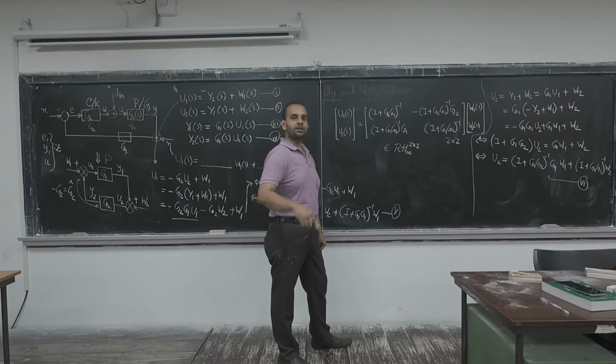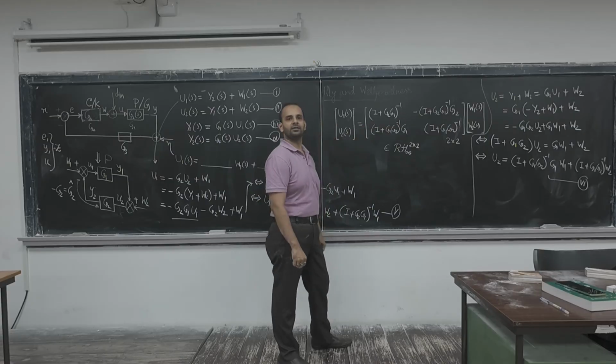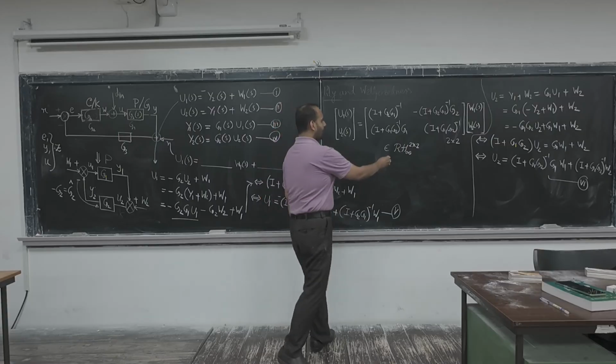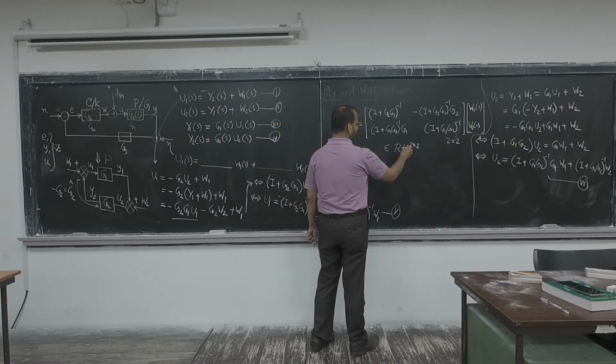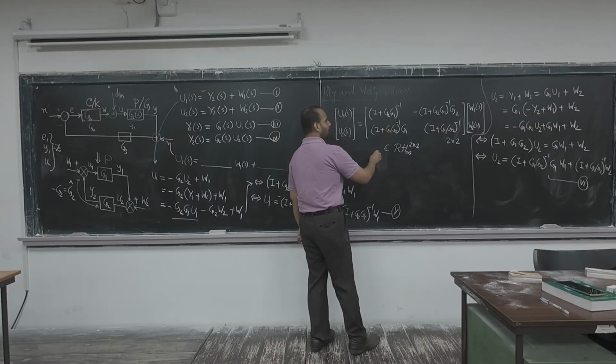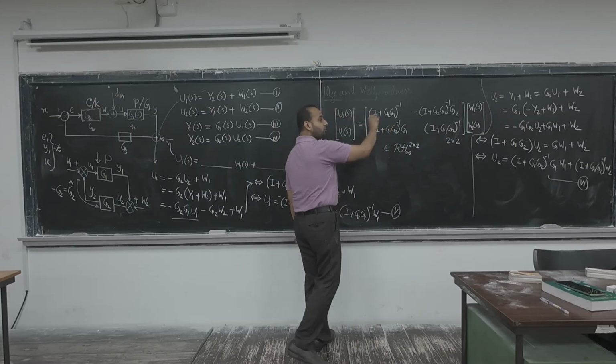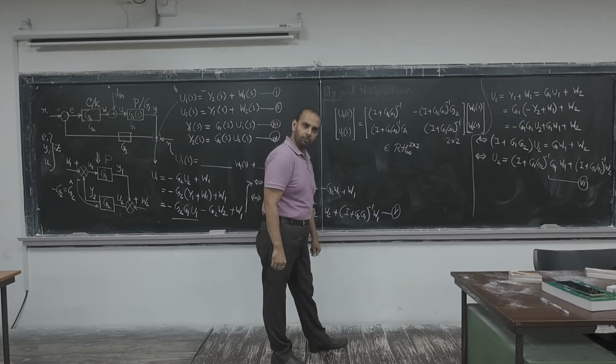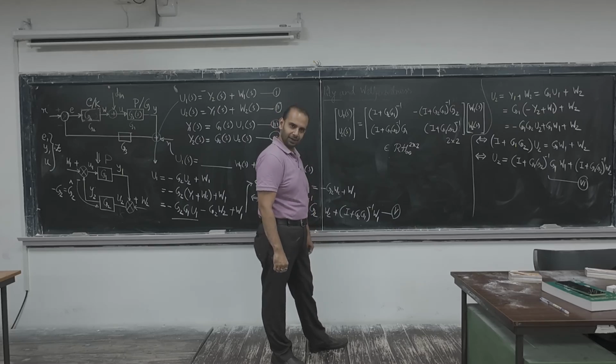So for the same example which we considered, 1 by s square minus 1 and then s minus 1 by s plus 2, you will find one of them will become unstable. So you have to check whether each transfer function element belongs to Rh infinity. Yes.